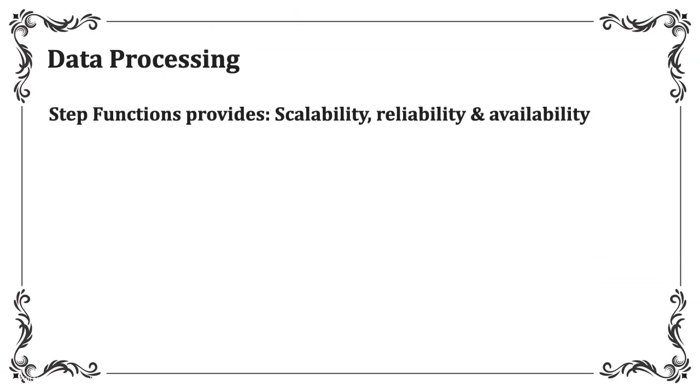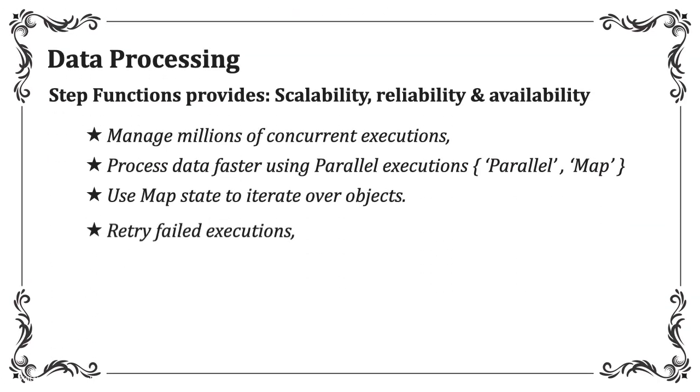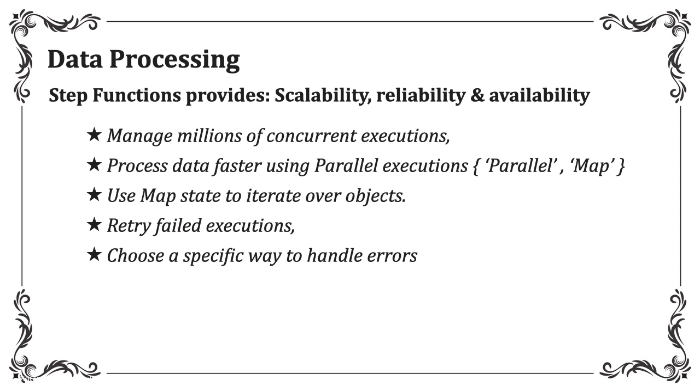Step Functions provide the scalability, reliability, and availability that are needed to successfully manage your data processing workflow. We can manage millions of concurrent executions with Step Functions as it scales horizontally and provides fault-tolerant workflows.